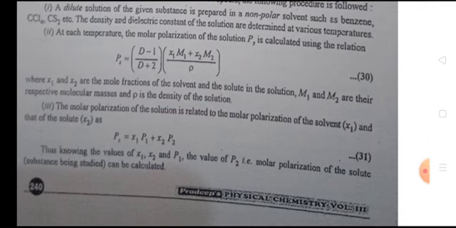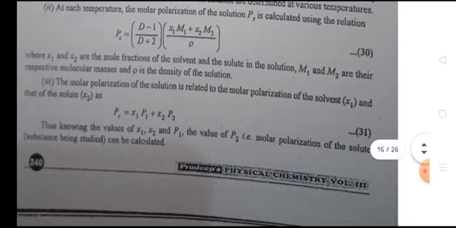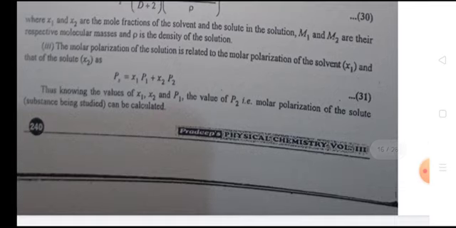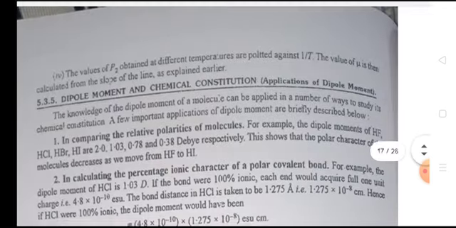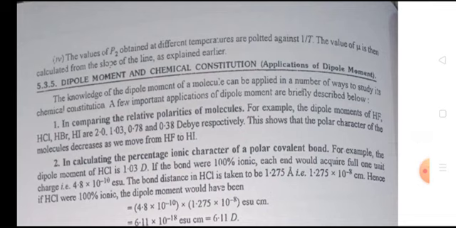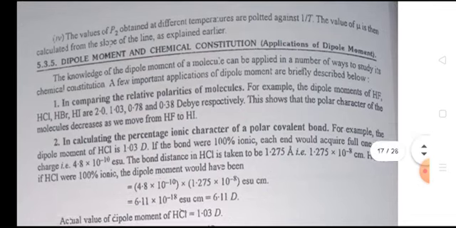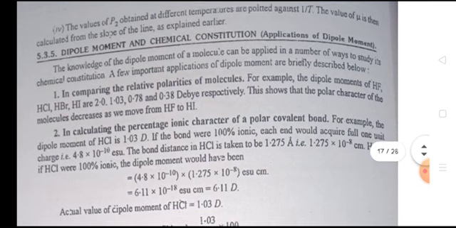At each temperature, the molar polarization of the solution P is calculated. The molar polarization of the solution is related to the molar polarization of the solvent and solute, with mole fractions X1 and X2. The values of P2 obtained at different temperatures are plotted against 1/T. The value of mu is then calculated from the slope of the line as explained earlier.